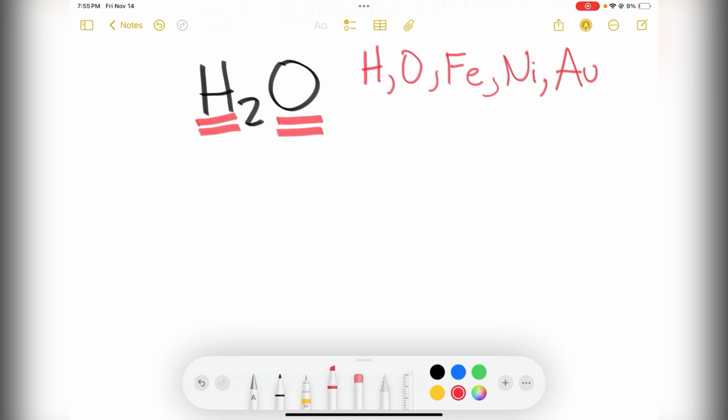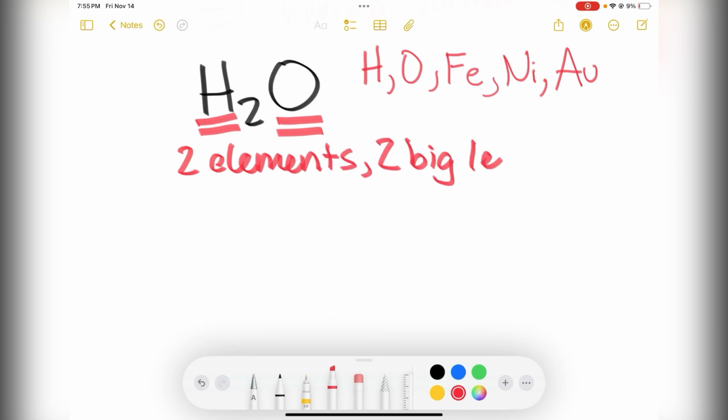Each one of these is an element. Even if it has a little letter next to it, if it has a big letter, that means it's an element. So we're going to go ahead and count up the elements here. We have 2 elements, 2 big letters. Simple as that.